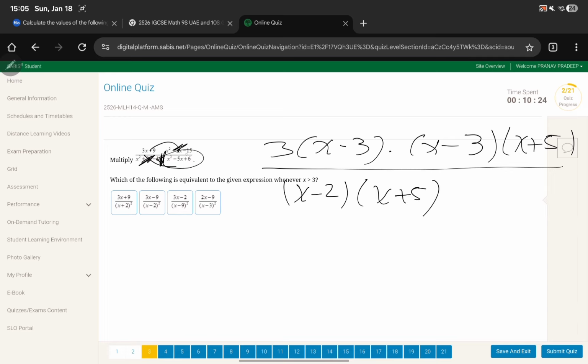For this one, it's going to be x minus 3 and x minus 2. Now you have the simplified forms of everything, and you can see what's common in the numerator and denominator, and you're going to cancel. It's going to look something like this.